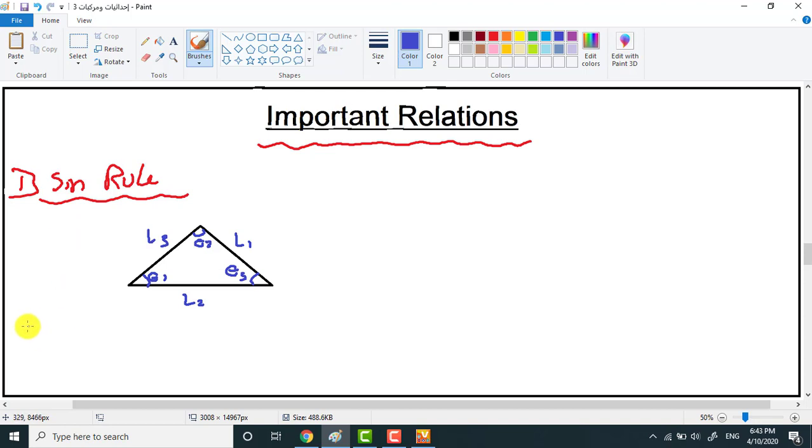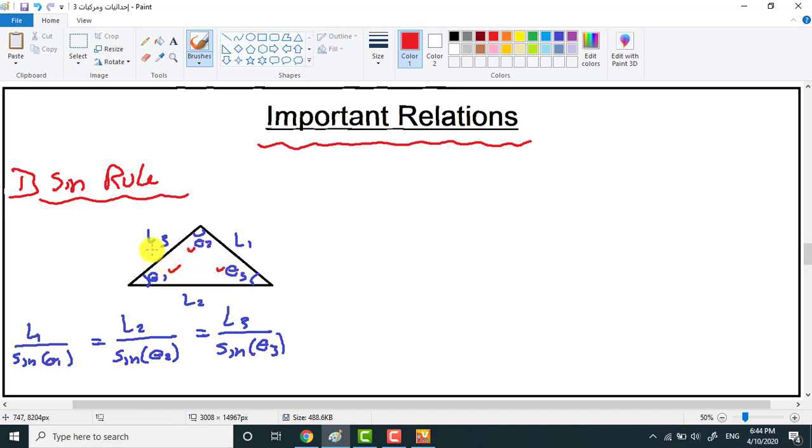The sine rule is L1 over sine theta 1 equal L2 over sine theta 2 equal L3 over sine theta 3. This is the sine rule. We use it when we have three angles, theta 1 and theta 2 and theta 3, and one length, and we want to know the other lengths L2 and L3. We use sine rule.